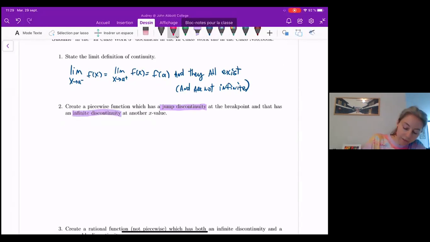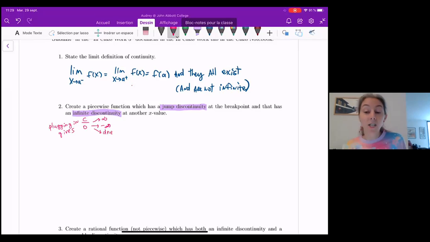Well, we know that infinite discontinuities happen when we plug in and we get a constant over 0 because we know that's going to give me infinity, negative infinity, or does not exist. So I just need to make sure that I have division by 0 without having a 0 in the numerator. Now for my jump discontinuity, this occurs when the left-handed limit does not equal the right-handed limit.